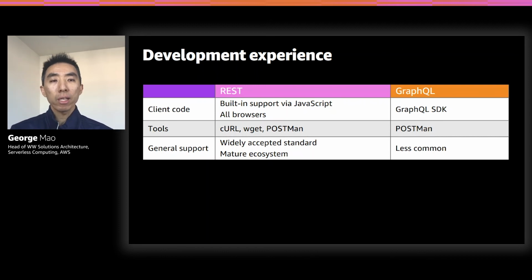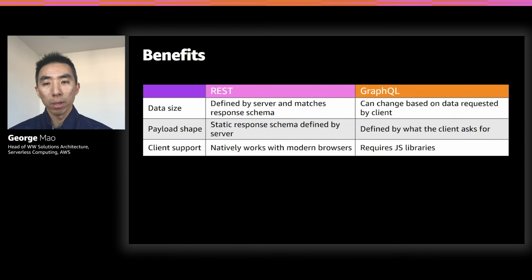All right, so let's take a look at some benefits that you have to evaluate. For REST APIs, the data size is going to be defined by the server, and it's going to match the response schema. For a GraphQL API, that data size can change depending on the data that's requested by the client. So it's going to be based on how much data you think your backend will return on a daily basis.